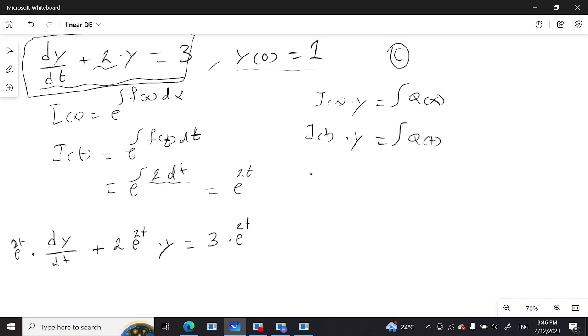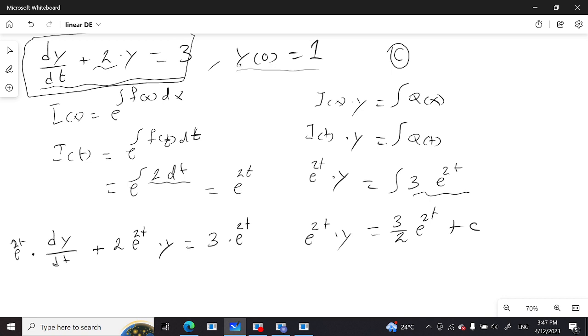So we have exponential 2t times y is equal to the integral of 3 exponential 2t. If we integrate this part of the equation, we get 3 divided by 2 exponential 2t plus c. Now it's time for us to substitute the values from the boundary condition.